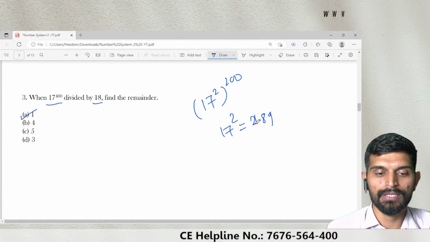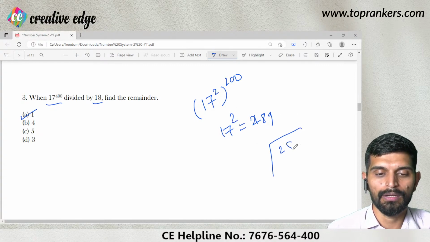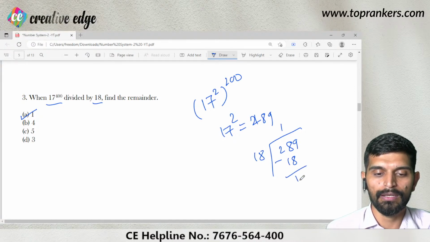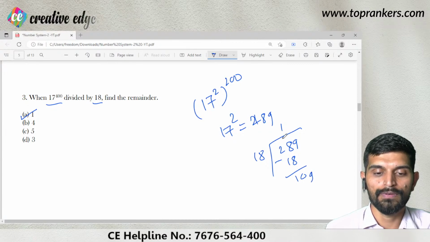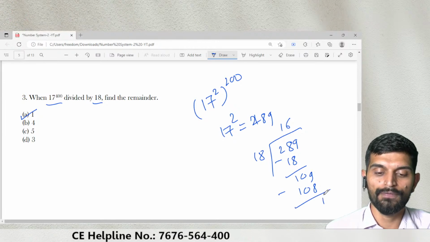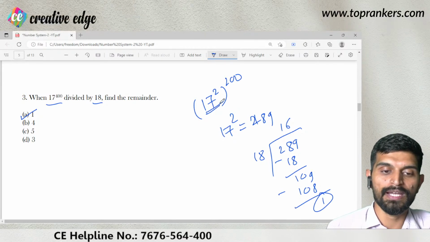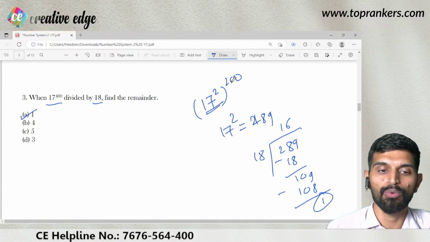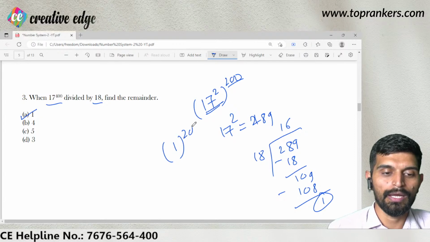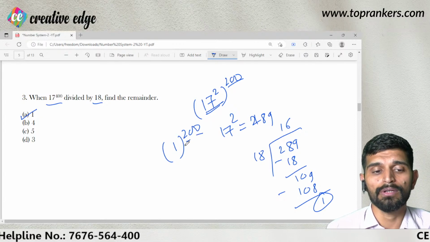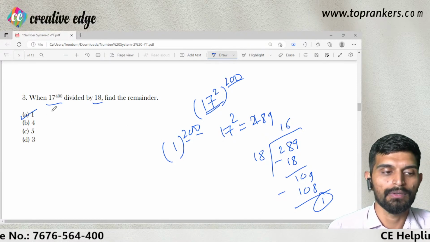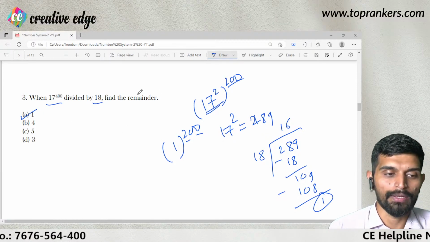Try to divide 289 by 18. 18 ones are 18, carry over 10 and 9, so 109. 18 sixes are 108, so the difference is 1. So for every second power of 17, you will have a remainder of 1, and then you can substitute that value here. So 1 raised to the power 200, or 1 raised to any power, will give you 1. So the remainder here will be 1.